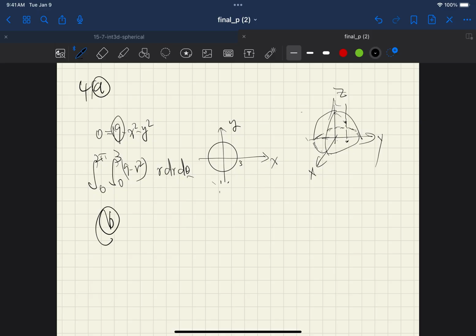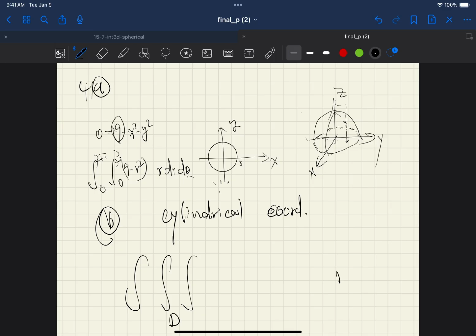For B, we can use the cylindrical coordinate system, because the cylindrical coordinate system essentially uses the polar coordinate system in the xy plane, and z is another coordinate. So if you use the cylindrical coordinate system, this is r dr d theta and then dz, right?